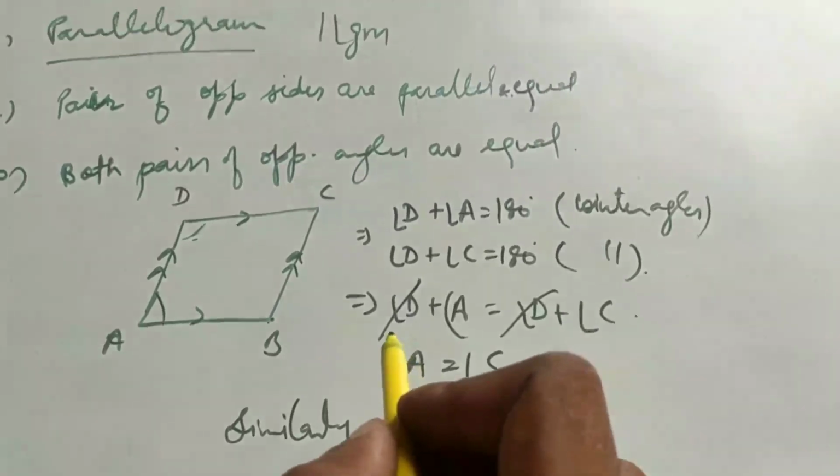Okay, so the next property, the third property: pair of opposite sides are parallel and equal. We have done this.